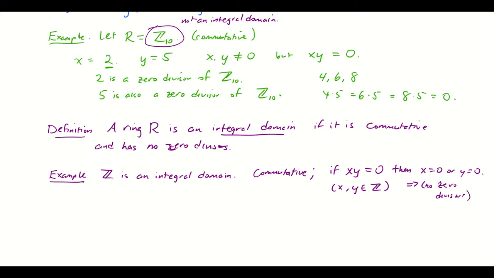Z is an integral domain. Also, for basically the same reason, the ring of rational numbers is an integral domain. So is R. So is the ring of complex numbers. All of these are integral domains because they have this property over here, which we call the zero product property.